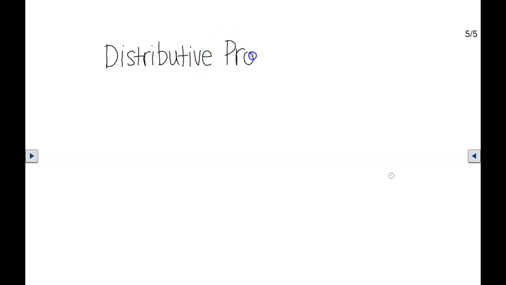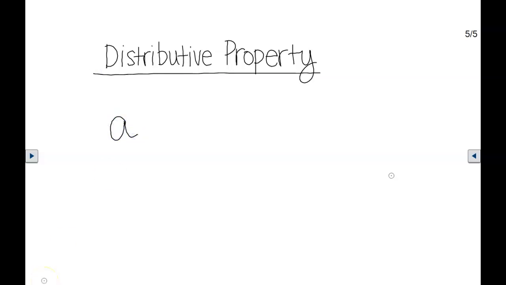I want to show you what those two problems look like. Distributive property will work when I have a number, I'm going to call that number A, so I'm being kind of generic here, and then that number is multiplied by a group that contains an addition problem. So this is one time that distributive property will work.